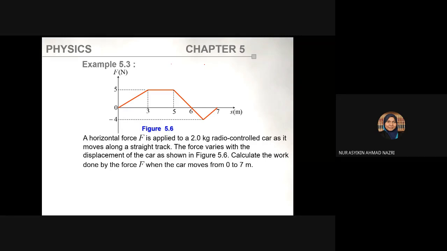A horizontal force F is applied to a 2 kg radio control car as it moves along a straight track. The force varies with the displacement of the car as shown in figure 5.6.